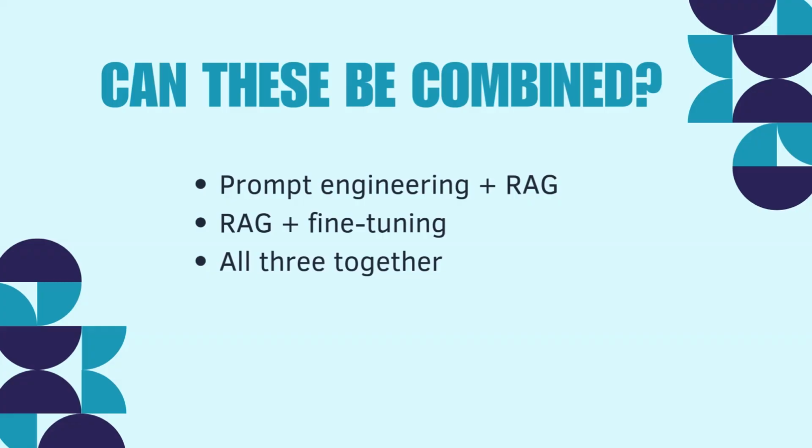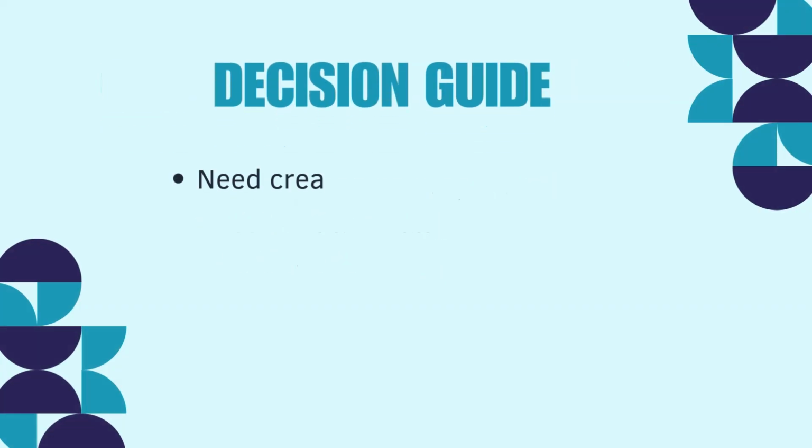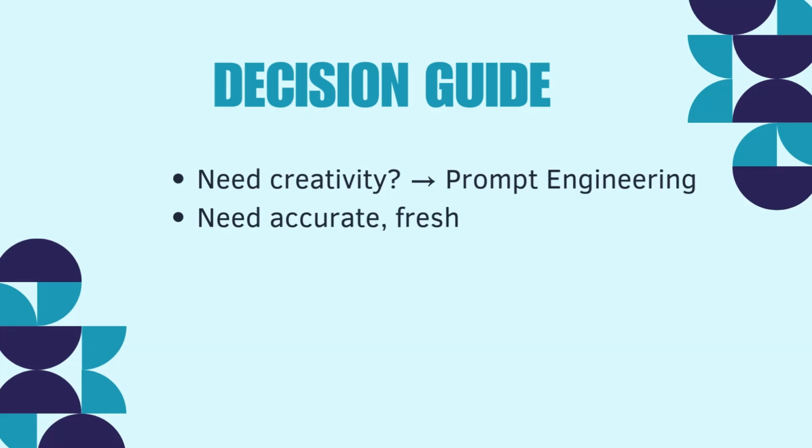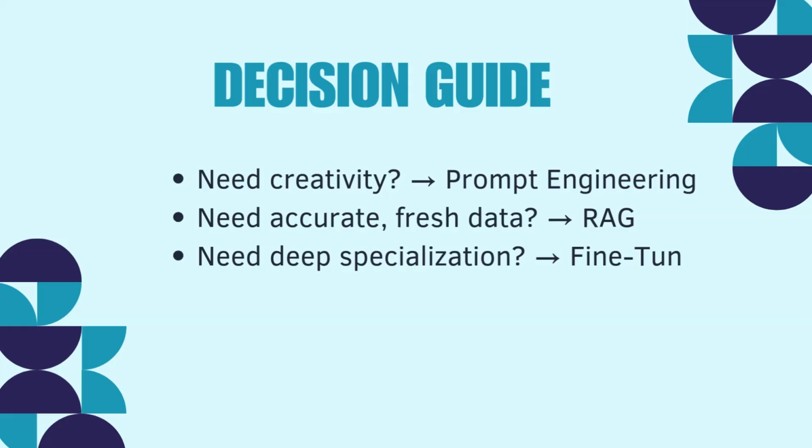If accuracy and freshness matter, RAG is the right choice. If deep specialization is required, fine tuning delivers the best results. Understanding these techniques empowers you to design smarter, more reliable AI systems and unlock the full potential of large language models.